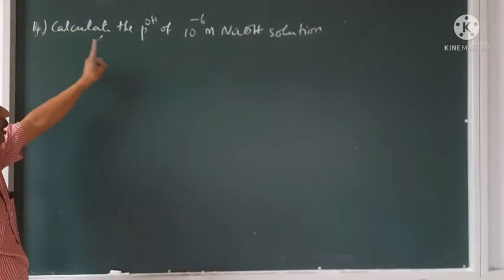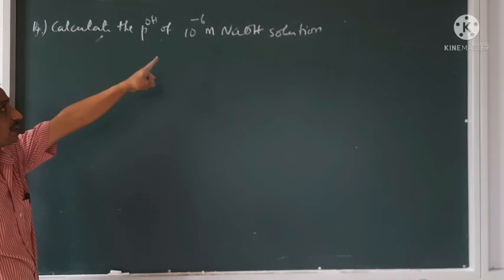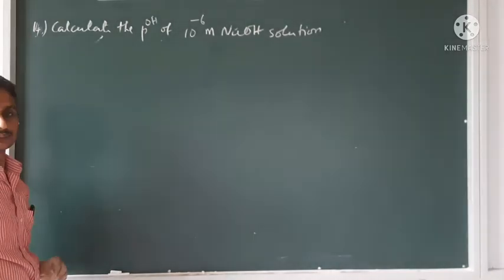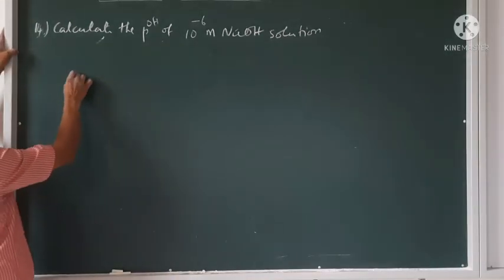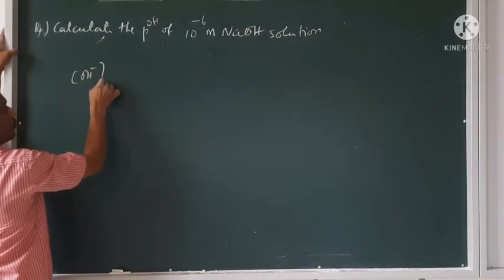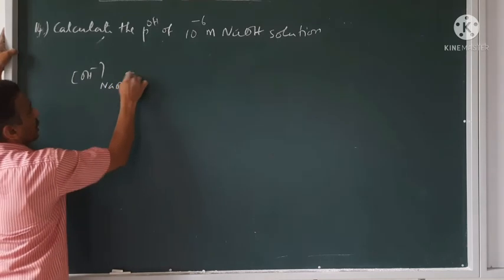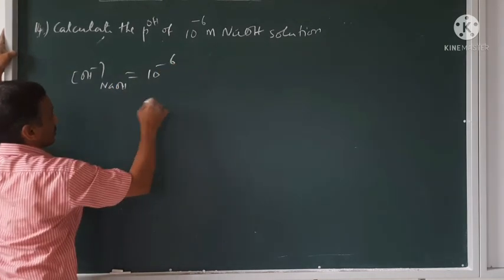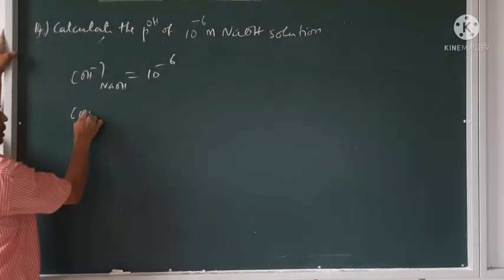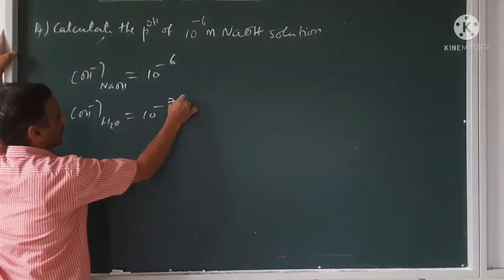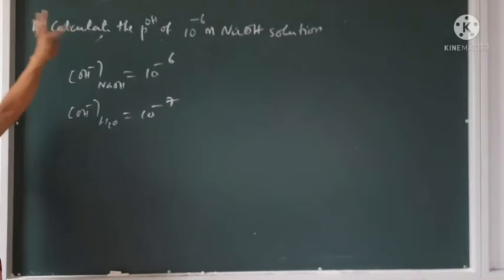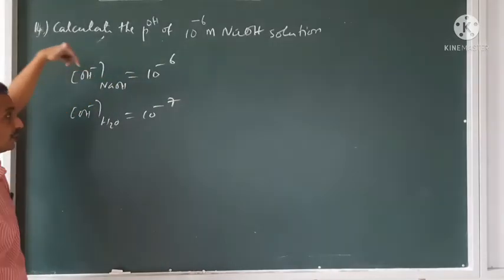Next problem. Calculate the pH of 10 to the minus 6 M sodium hydroxide solution. So here again, OH minus from NaOH is equal to 10 to the minus 6. OH minus from water is equal to 10 to the minus 7, because we are going with the aqueous solution.